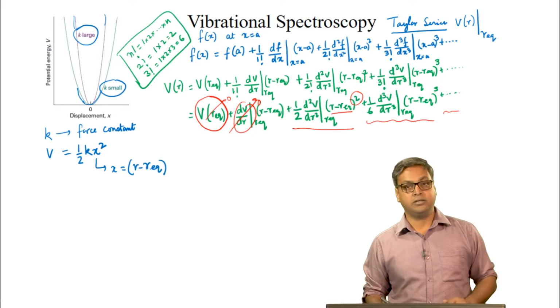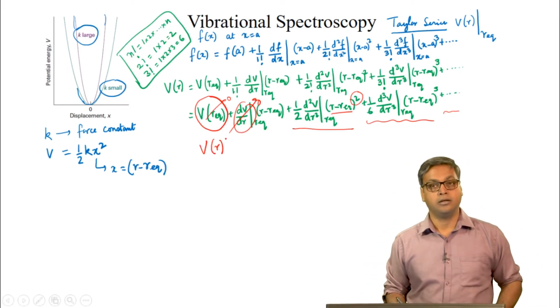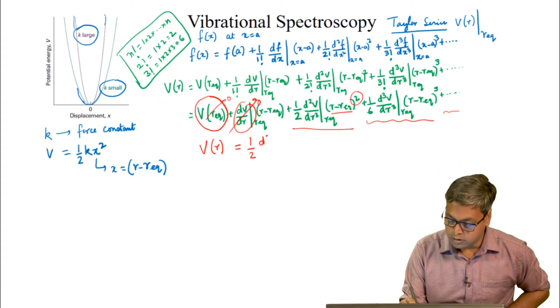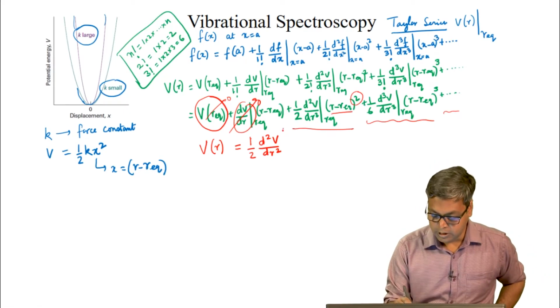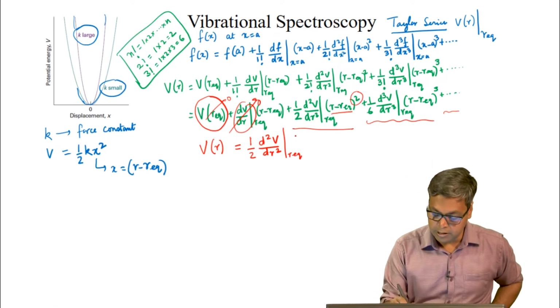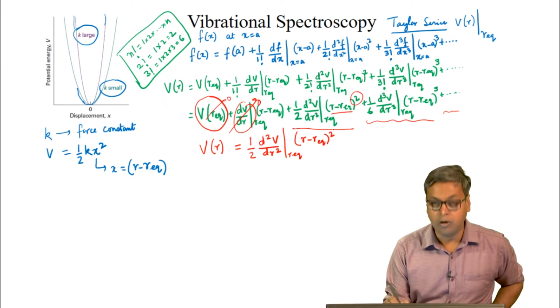So, we can write V of r equals half d2V dr2 at r equilibrium times r minus r equilibrium whole squared.